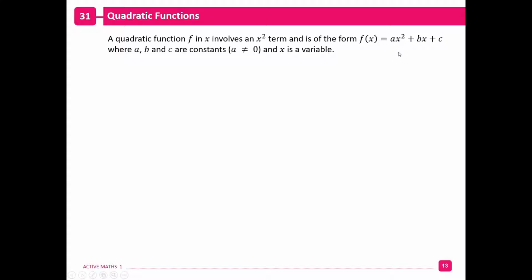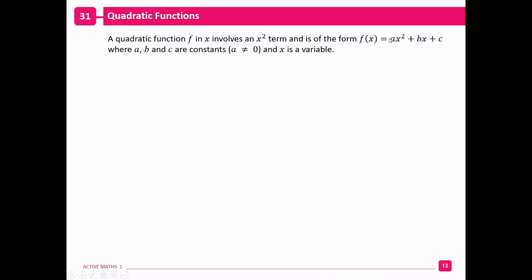Now the letters a, b and c simply stand for any particular number. So different functions will have different numbers in those three places. Remember that when we have a number, it is not a letter. So it's not a variable, it doesn't change, and therefore we call them constants. And note that we cannot have the constant 0 for a.